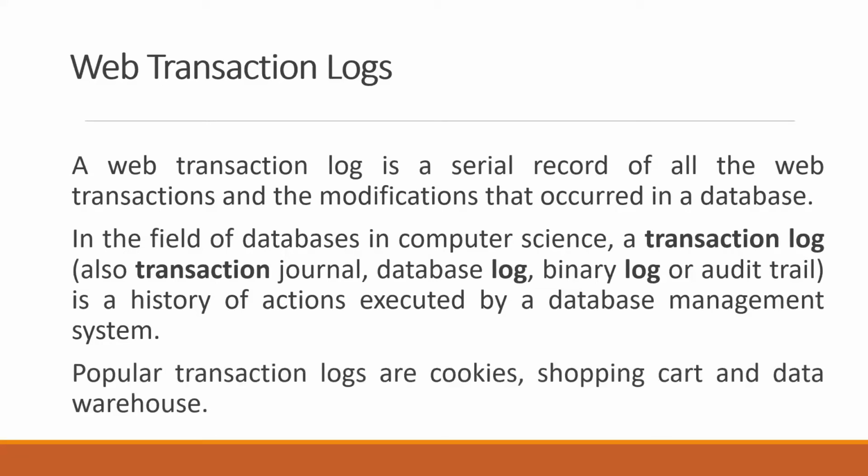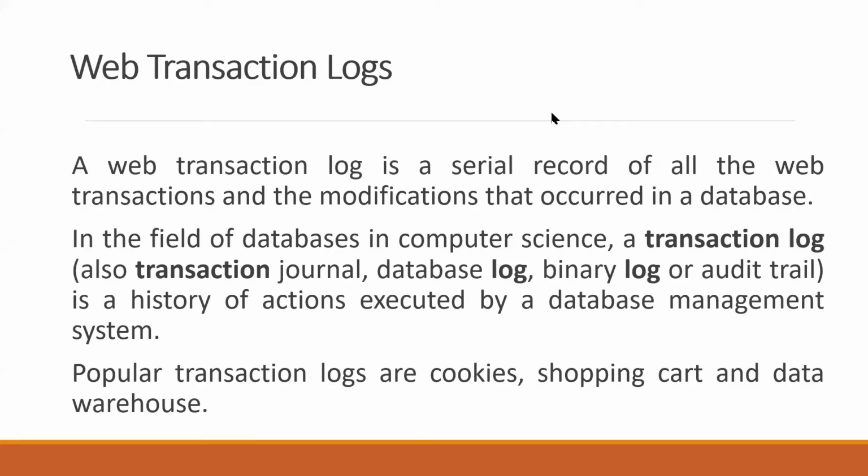These transaction logs are basically cookies, shopping cart, and data warehouse. There are three types of web transaction logs. Cookies, shopping cart, and data warehouse are some popular web transaction logs which we use in e-business to record the information created by the customer. All the online activities of the customers are recorded by these web transaction logs.